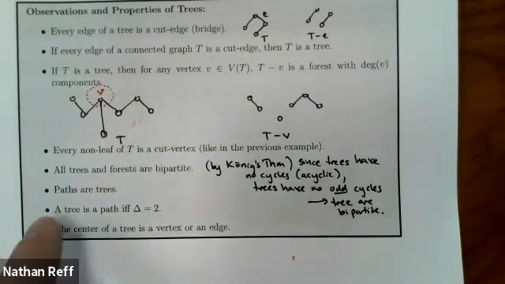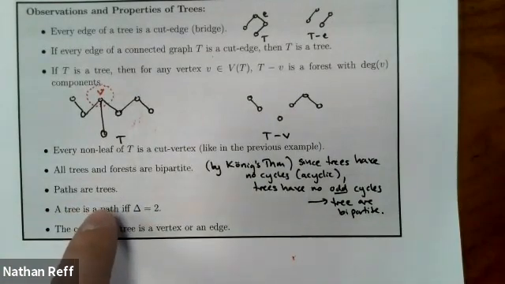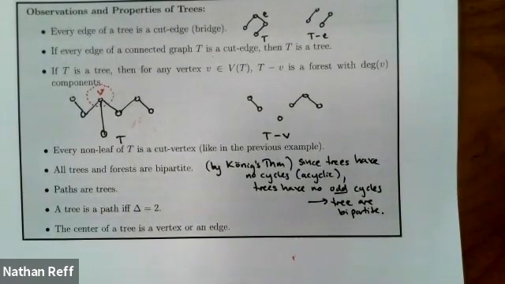Okay. Paths are trees. Well, could you prove that? I mean, the path graph in general, the way that it's defined, it's connected and there's no cycles, so it's definitely a tree. Okay. A tree is a path if and only if the maximum degree is equal to 2. So that's kind of interesting. So connected and acyclic with max degree equal to 2, you could prove that it's a path.